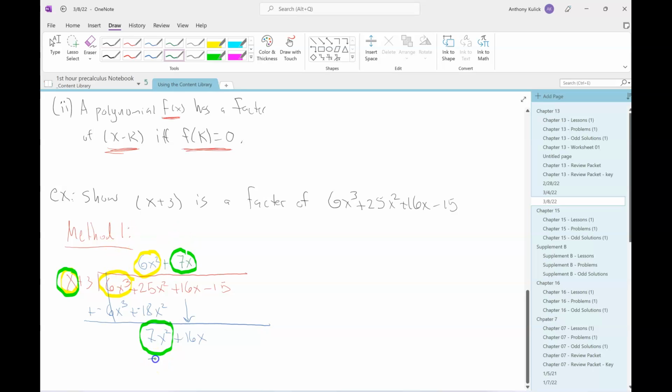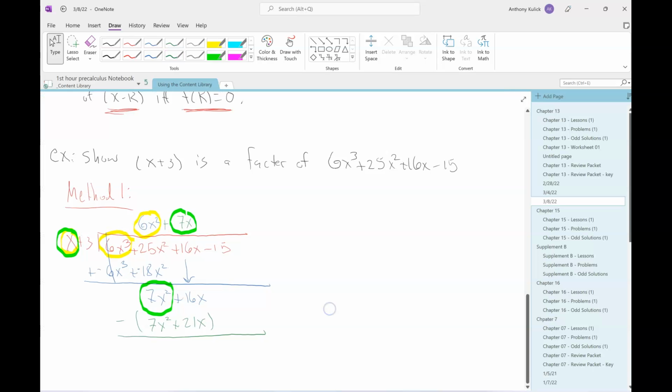And then we distribute through, so I have 7x squared plus 21x. And then we subtract down. And again, I like to think about adding negative, so I'm going to distribute through the negative. 7x squared plus a negative 7x squared is nothing. 16x plus negative 21x is negative 5x.